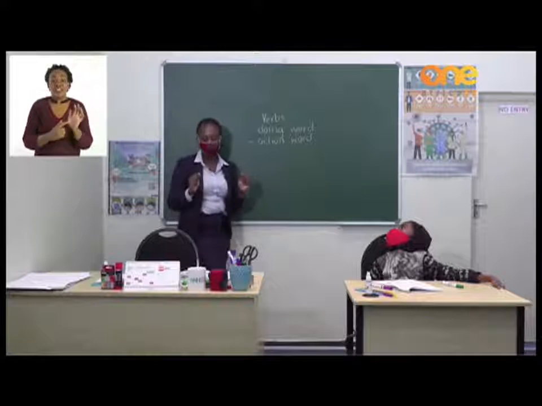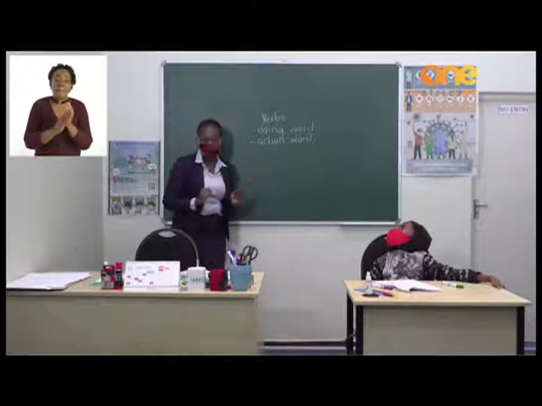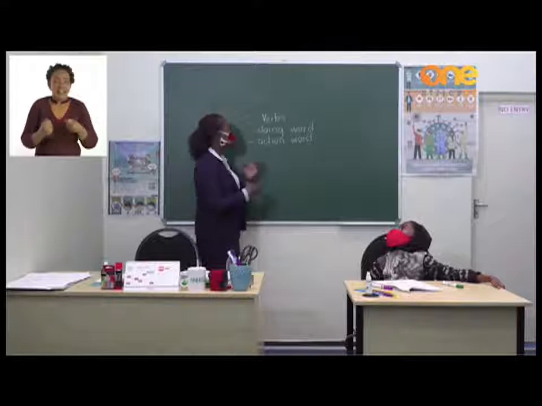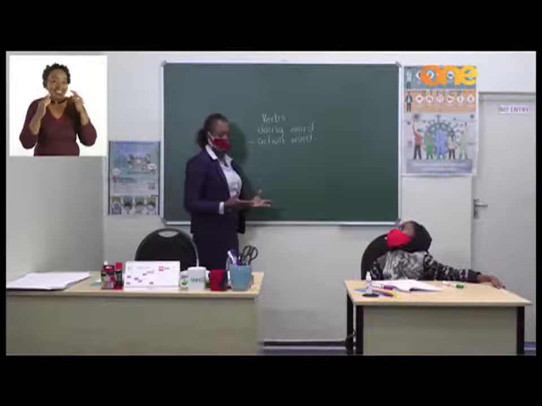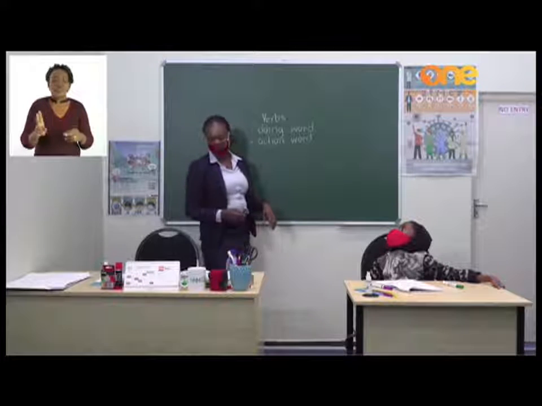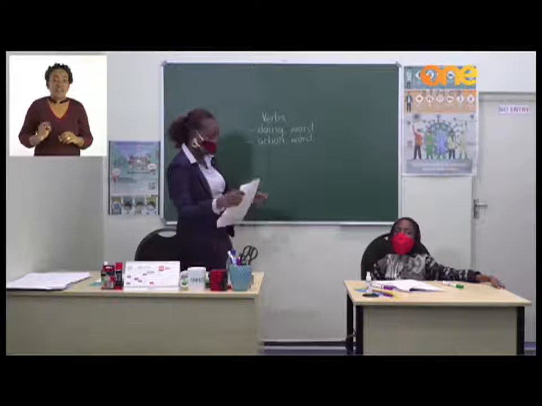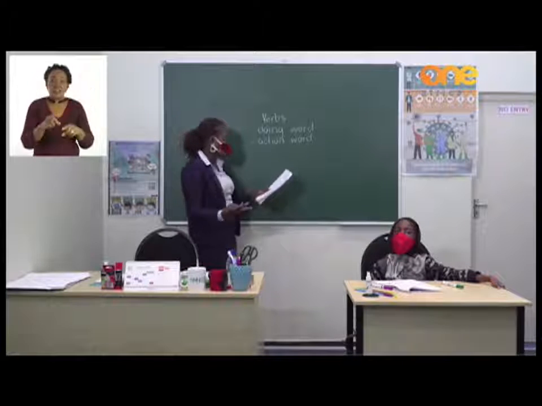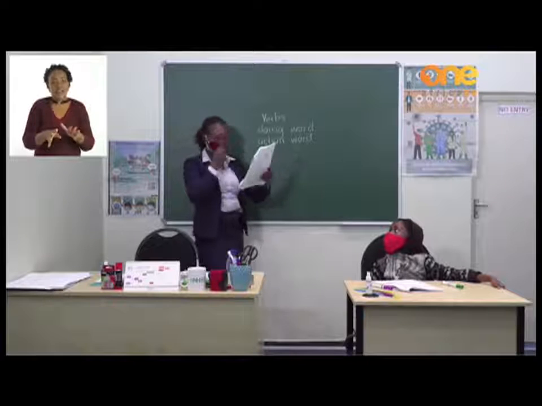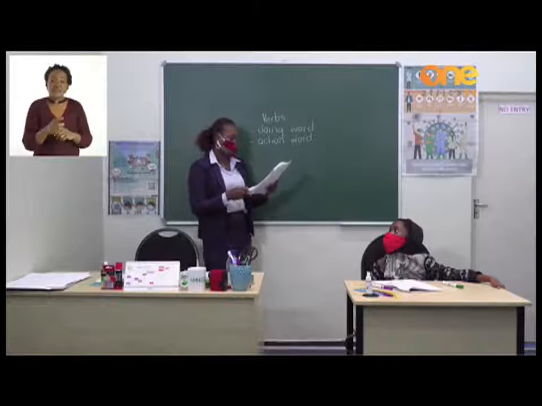It's showing an action. So clapping is a verb. You can run. You can sing. All those we call them verbs. And we have verbs given to you in that box. We have gives, know, starts, and all the other verbs listed there.